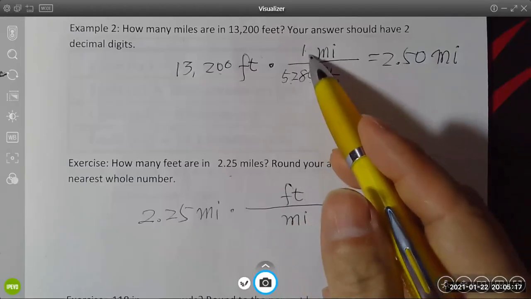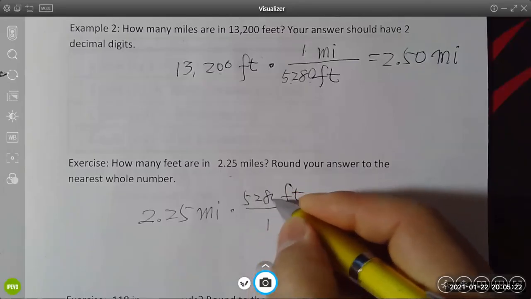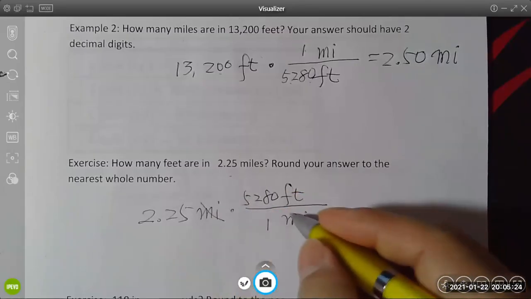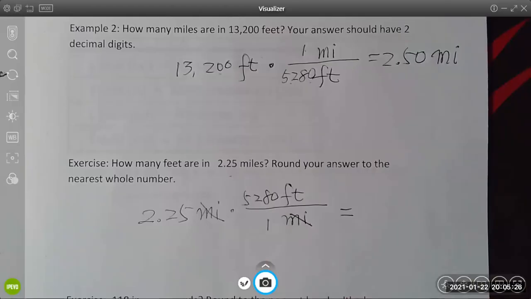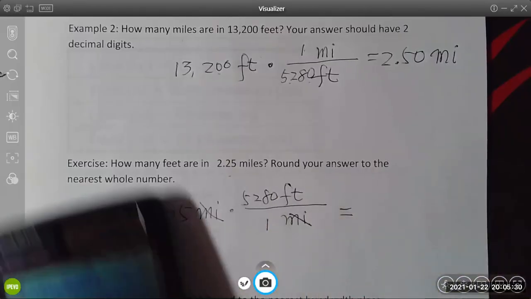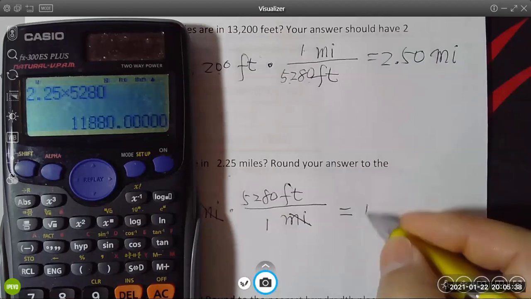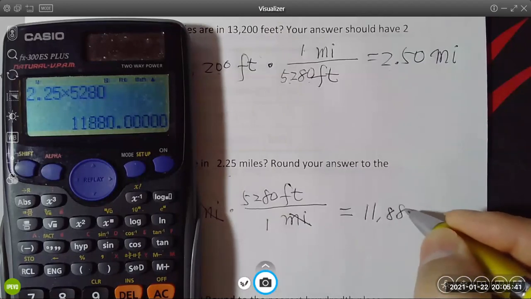Again, the same conversion factor here. 1 mile, 5,280 feet. Mile canceled, we only get feet left. Now we multiply the number on the top, divide by 1. So we just multiply them together. 2.25 times 5,280 equals, say, 11,880.